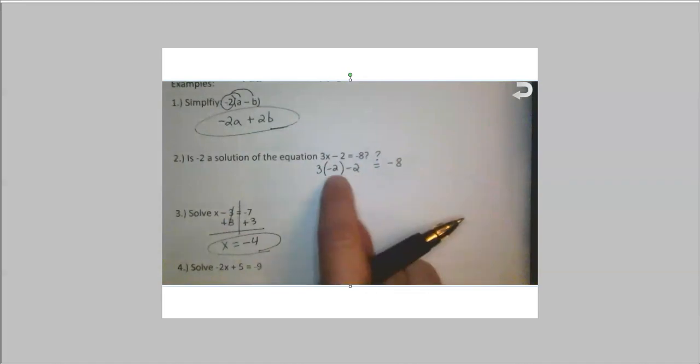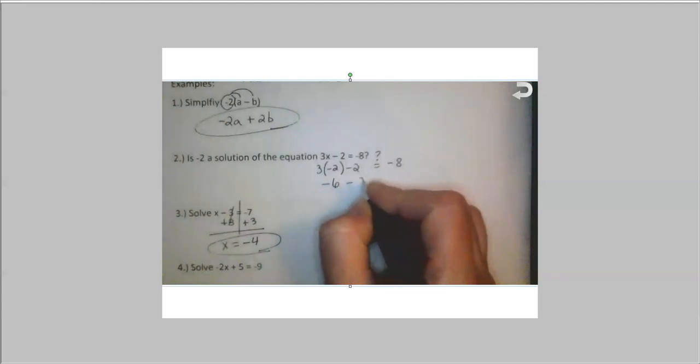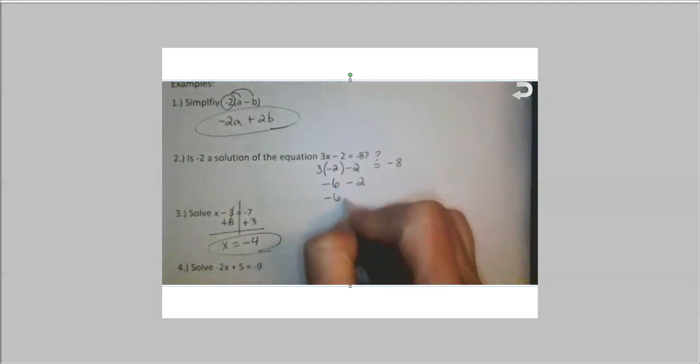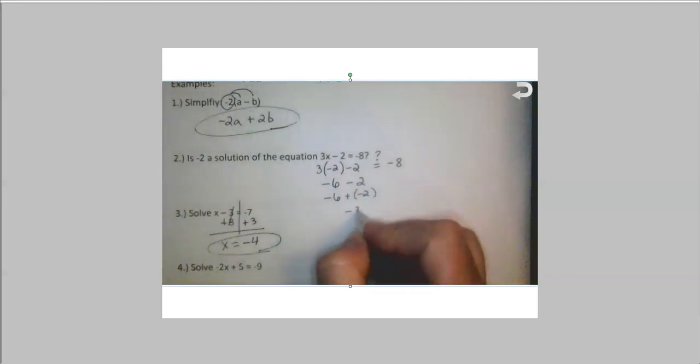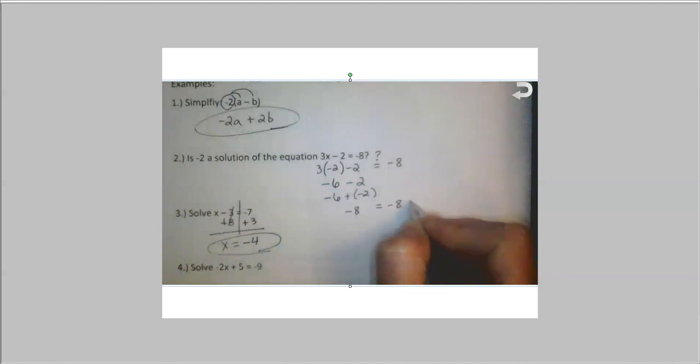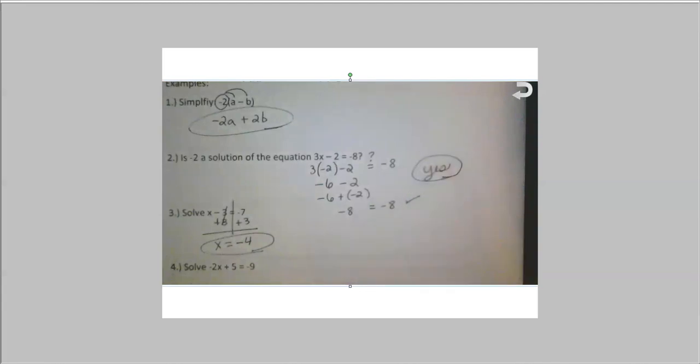Doing my math, I get negative 6 minus 2. I'll leave, change, opposite there, same signs, add and keep. I will see that the left side equals the right side, and so it checks. So on a question like that, we would say yes. That is the solution to the equation.